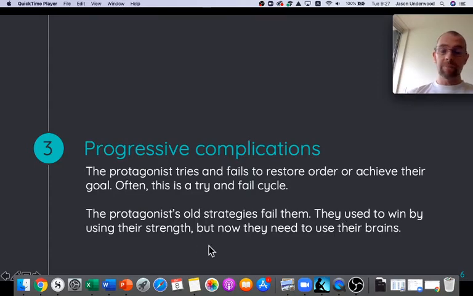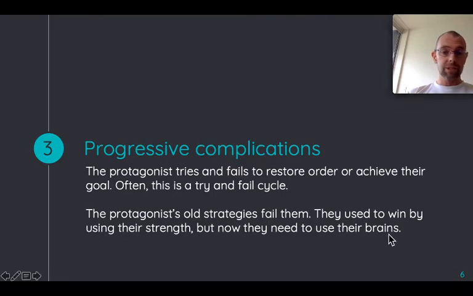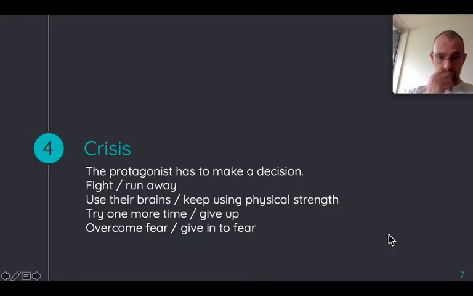But now, because their world has been thrown into chaos, they need to use their brains, and they haven't worked that out yet. They keep using their physical strength when actually they need to stop and think about things a little bit more. And it's when they figure this point out and they start doing it successfully, that's when we get to the crisis.